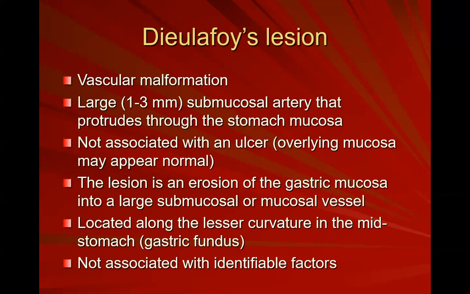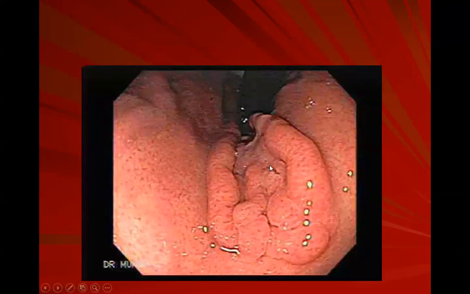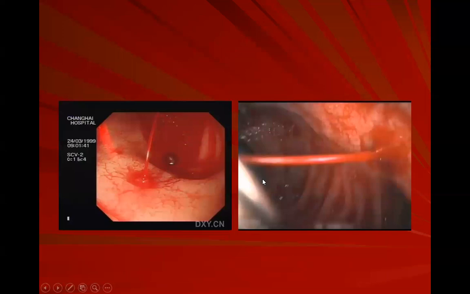By endoscopy, they would see an active bleeder. Over here, in the gastric mucosa, they would see a vascular malformation beneath the mucosa and in addition an active oozing of bleeding.